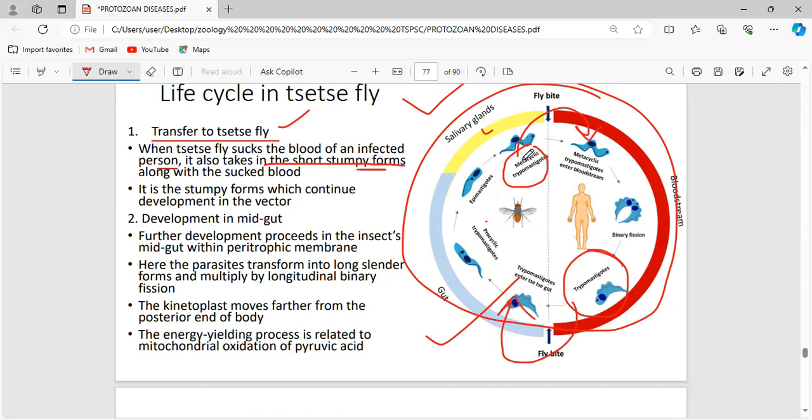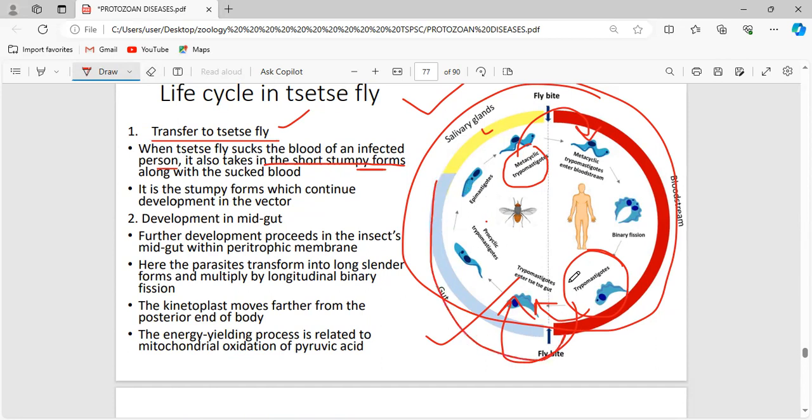What is the form that is transferred from the insect to the human, and from human to the insect? It is the stumpy form which continues to develop in the vector. These are the trypomastigotes, which enter the body of the insect, and they develop into the procyclic, and procyclic into the epimastigote.